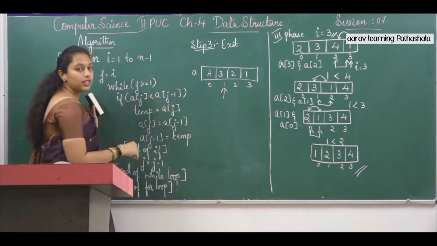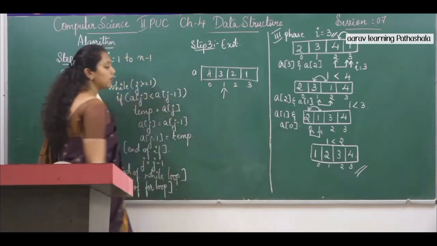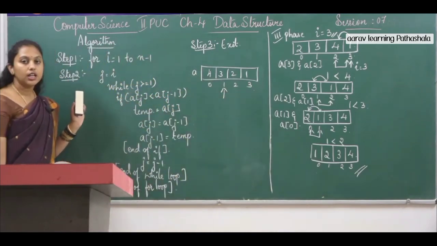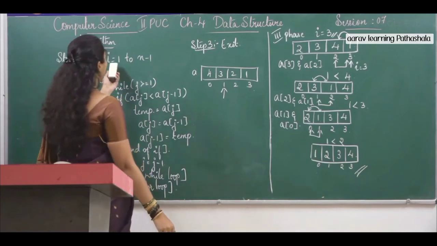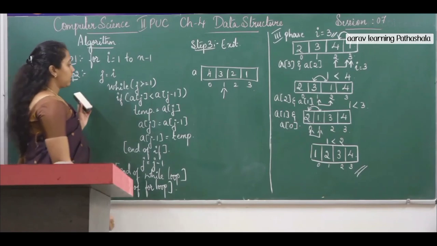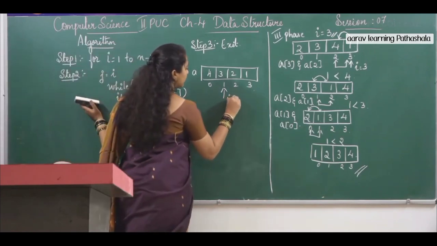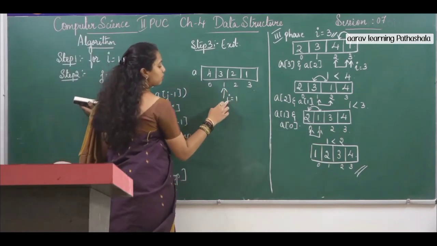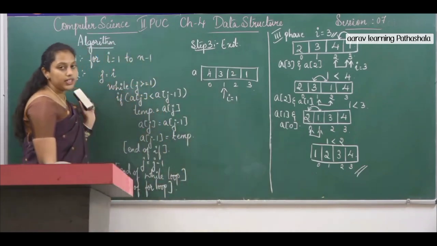From the first position till the last element of the array, we are going to compare the array elements, right? So for I is equal to 1 to n minus 1. So what is the value of I? The value of I is 1.